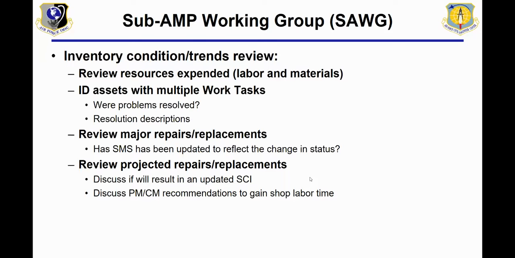One of the first areas you can take a look at, and this is just a recommended idea for how to format the SOG, is your inventory conditions and trends, and review what you have done. Where have you spent your capacity? Where have you spent the materials? Have you had any major repairs?